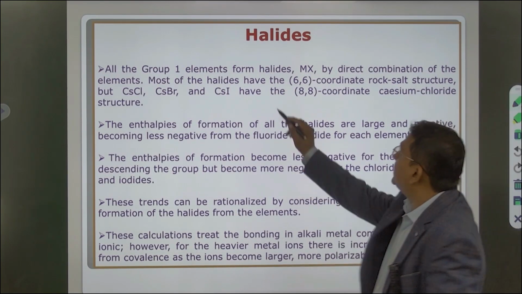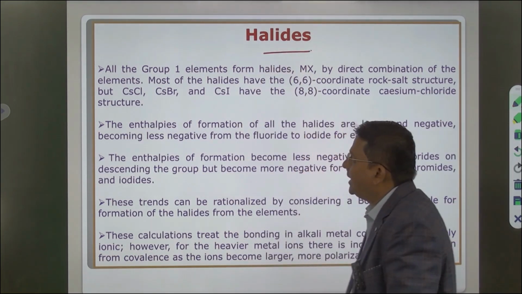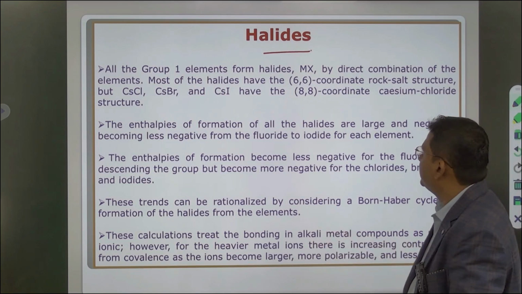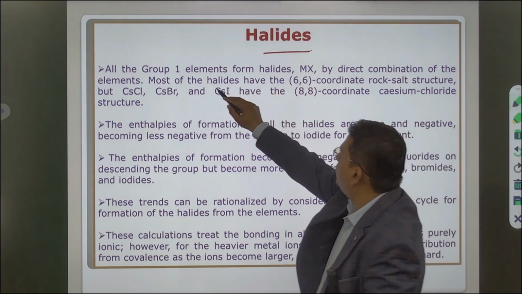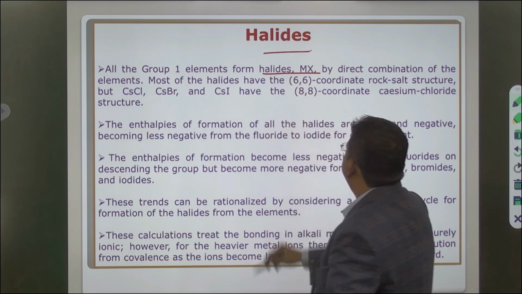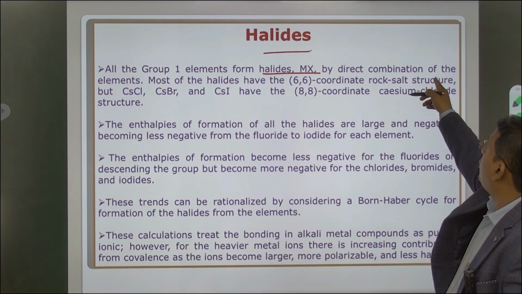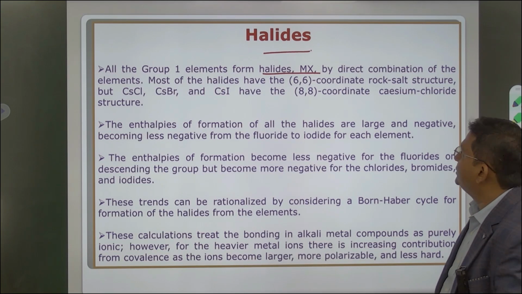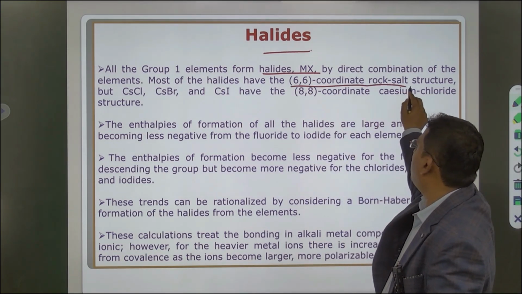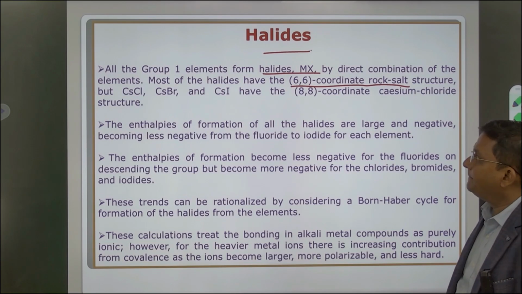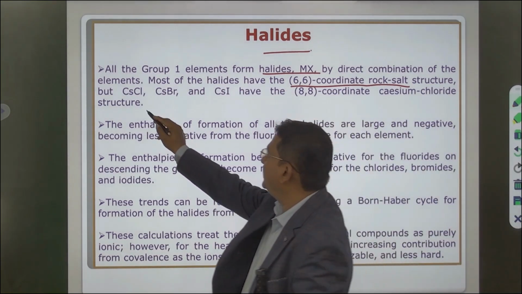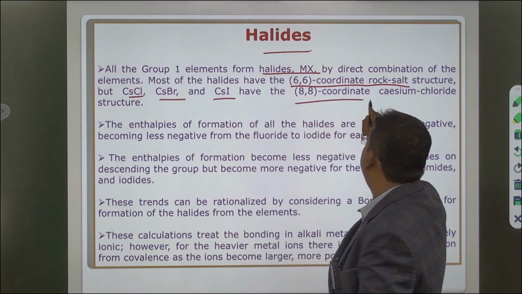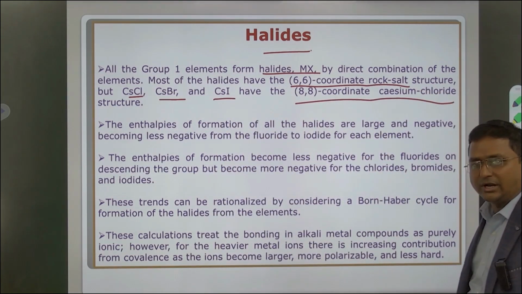Here we start halides. Halides are formed by reaction with halogens, like group 1 element halides MX, by direct combination of the elements. Most of the halides have the 6,6 coordinate rock salt structure, but cesium chloride, bromide and iodide have the 8,8 coordinate cesium chloride structure.